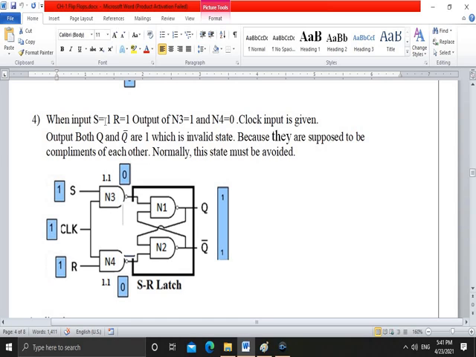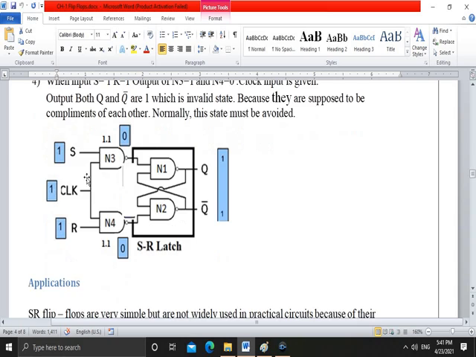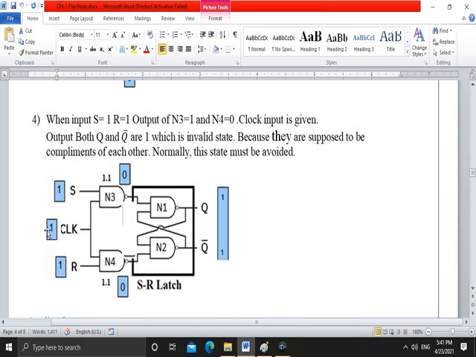When input S equal to 1, R equal to 1, then clock is applied. Then both inputs are 1 1. 1.1 is 1, complement 0, and here 1.1 is 1, complement 0. So output of N3 is 0, output of N4 is 0.